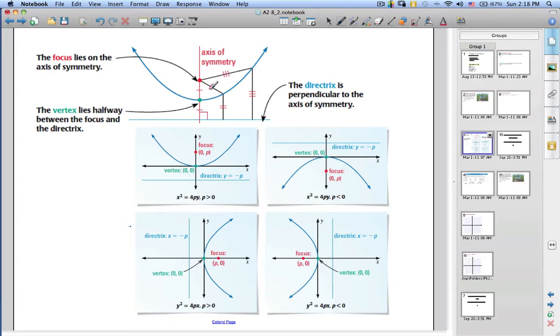So the focus, let's take a look at the information you already know. This is a parabola, this is the vertex of the parabola. It's always the highest or lowest point. If it opens up, it's the lowest point. If it opens down, it's the highest point. Adding in the concept of opening right or left, if it opens to the right, it is the leftmost point, and if it opens to the left, it is the rightmost point.